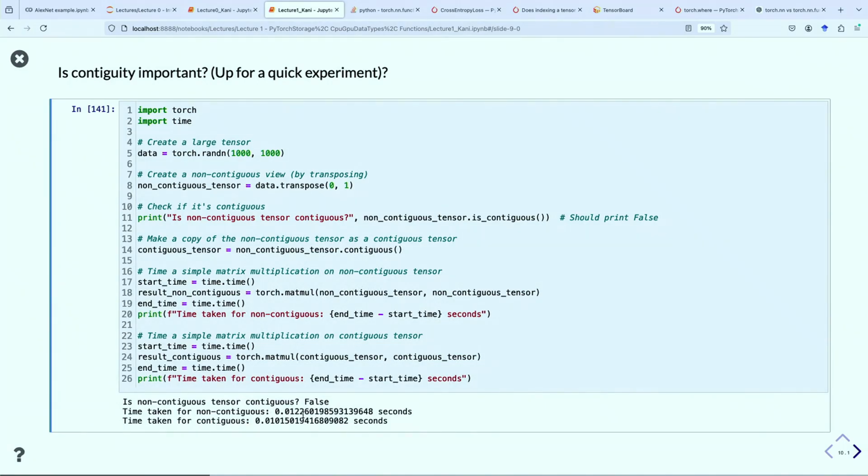In this case, we have approximately a 20% slowdown. This takes a hundredth of a second. This takes 12 thousandths of a second.